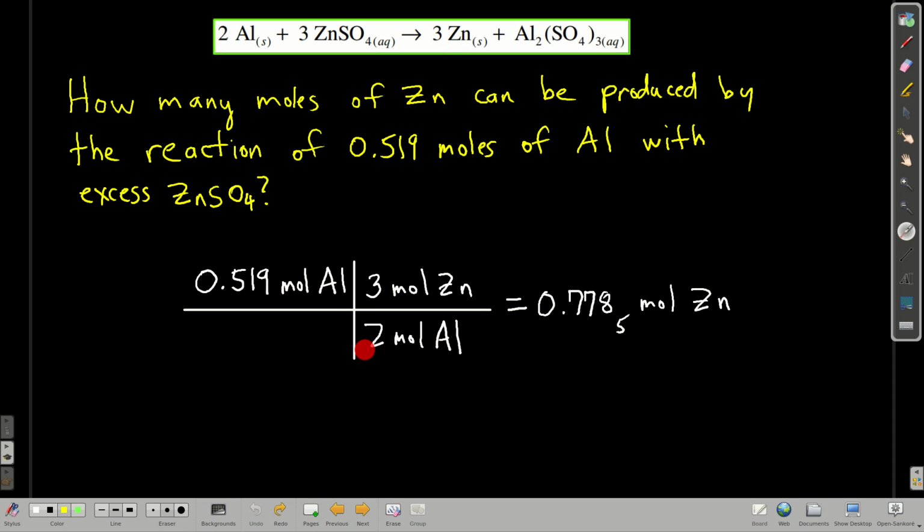That means we have to have the moles of aluminum on bottom, so that puts the 2 here, and we get the 3 right here, right? Because the conversion factor was 2 moles of aluminum are equal to 3 moles of zinc. So we saw that moles of aluminum were here, we put it on the bottom, that gave us moles of zinc on the top. Anyway, so there's our answer.